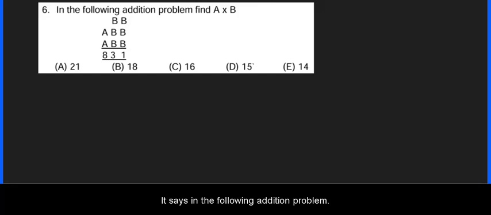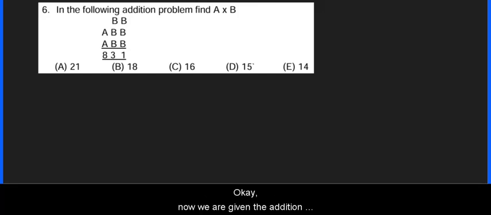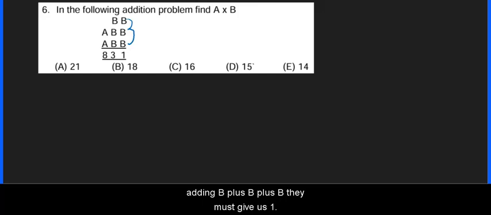Question 6, it says, in the following addition problem, find A multiplied by B. Now we are given the addition problem BB plus ABB plus ABB will give us 831, which means when we are adding B plus B plus B, they must give us 1.